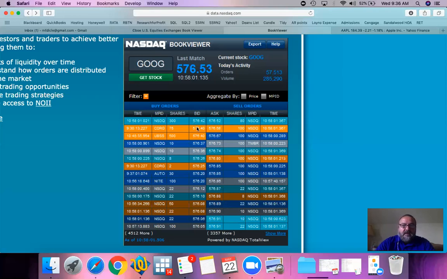Now, the amount of trades that you have here, or the traders who are willing to buy and who are willing to sell, is referred to as market depth. It is the depth of the market. A shallow market will have few trades and few shares, and a deep market will have as many shares as it can, and is considered healthy.